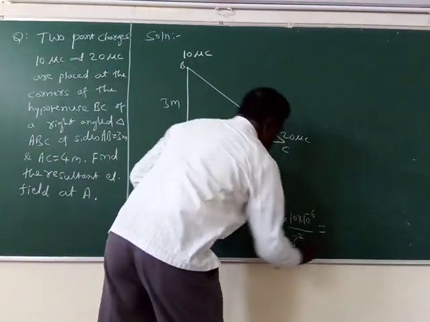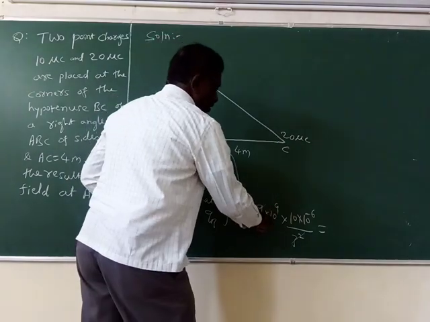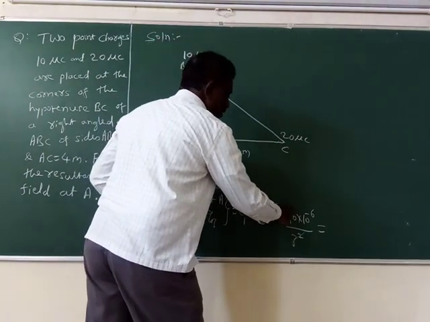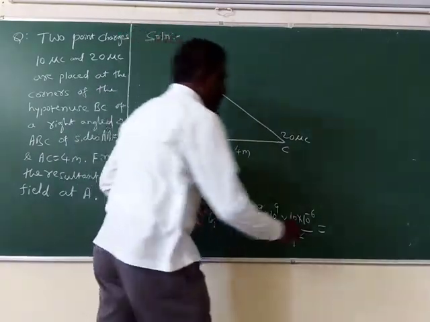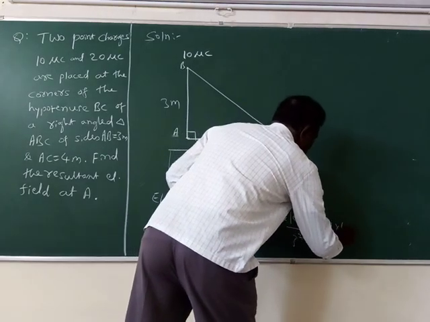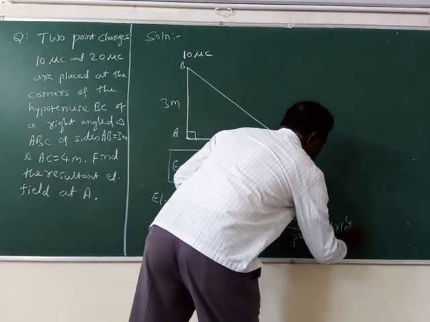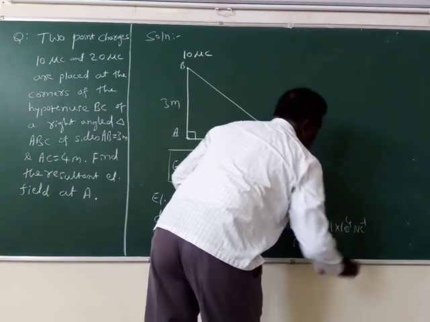Equal to 10 to the power 9 into 10 to the power 1 into 10 to the power minus 6, which works out to be 1 into 10 to the power 4 Newton per coulomb. What is the direction?